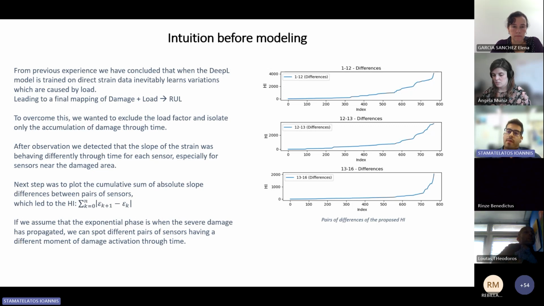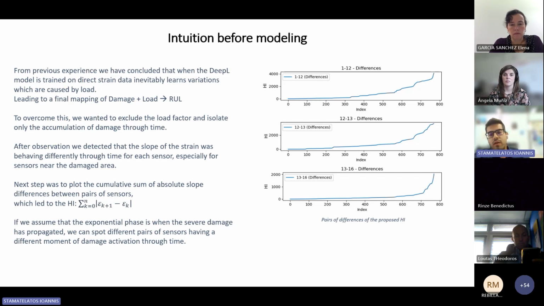So you can see that at first there is not much difference because there is no damage or non-linearities. The slope is changing with the same rate for each sensor. But at the second part of the plots, you can see that there is exponential behavior that indicates that one of the two sensors is starting to deviate.